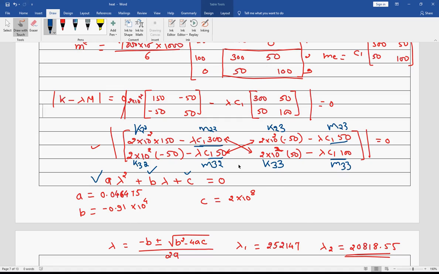So I can see in this case that I need to do cross multiplication. So this into this, K22 into K33: this into this will be a constant, and that is imparting C. So I can write C equal to K22 into K33.